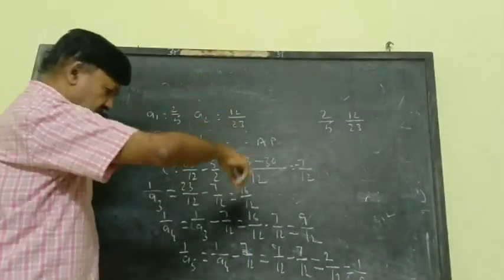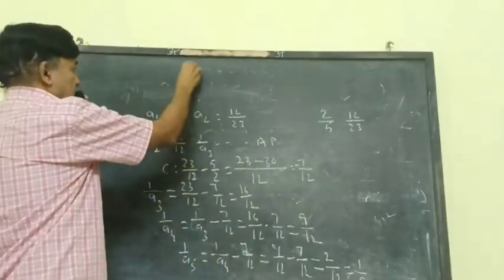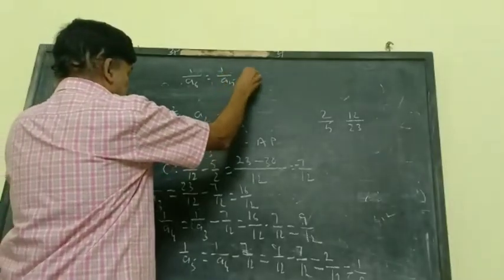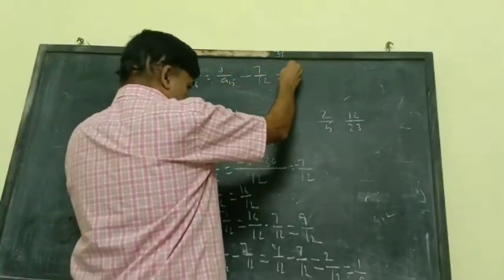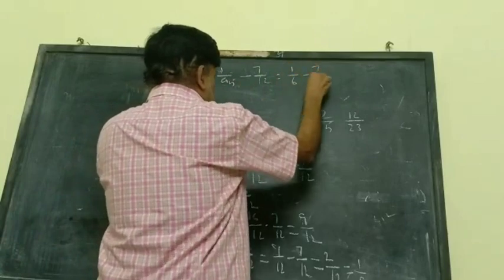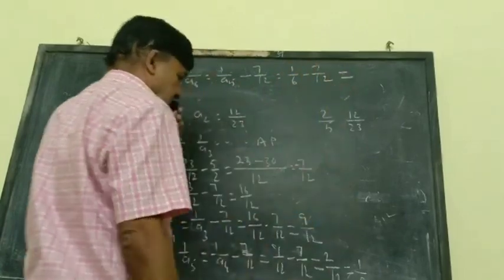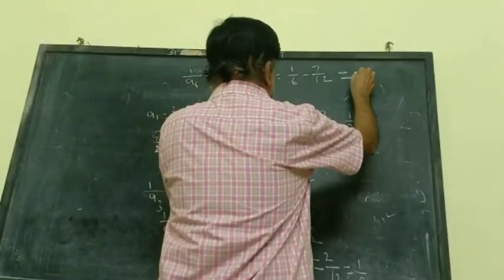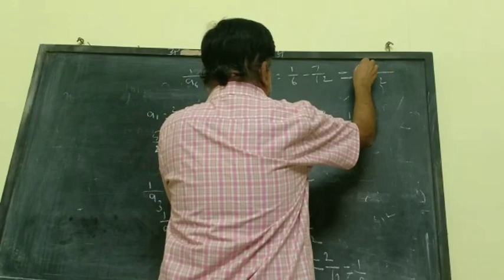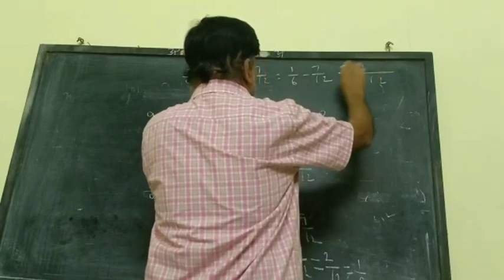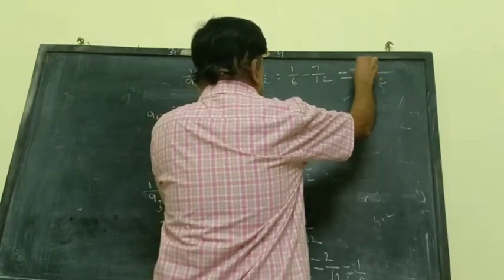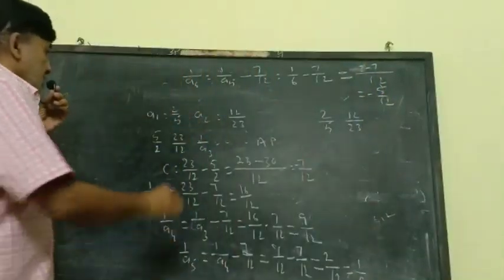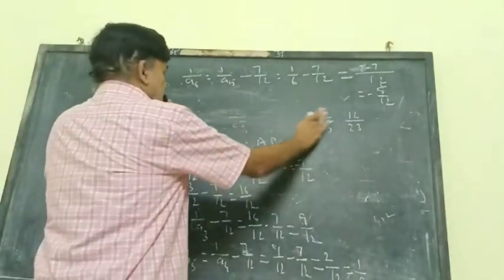1 by A6 is 1 by A5 minus 7 by 12. So 1 by 6 minus 7 by 12. 12 is LCM. So how much? This is 2 minus 7. So minus 5 by 12. So you got 1 by A1, 1 by A2 like that.